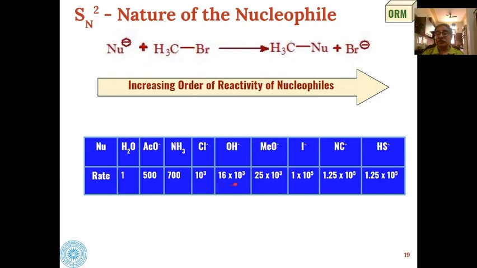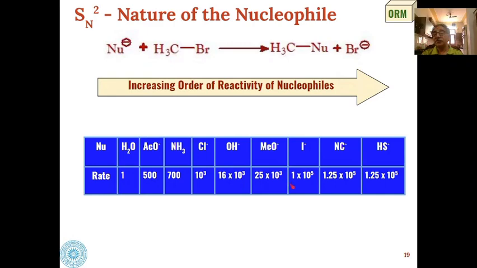This one is 16,000 times faster. Hydroxide ion is 16,000 times more reactive than water. This methoxide ion is 25,000 times more reactive than water, and this is 1 lakh times faster than water.